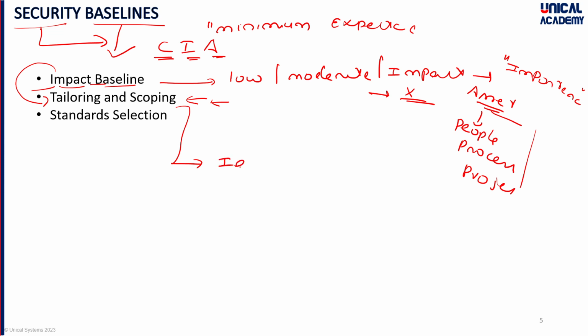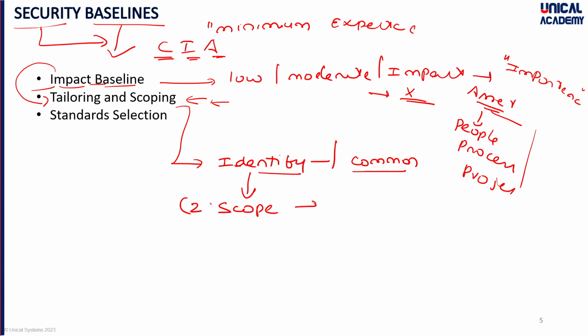First, identify the controls that are required, the common controls, and then apply that for the scope that you are considering. Whether this identified control is possible, or do you want to go for certain alternate options, maybe from a cost perspective or the practical perspective, which is the compensation controls that we want to consider.